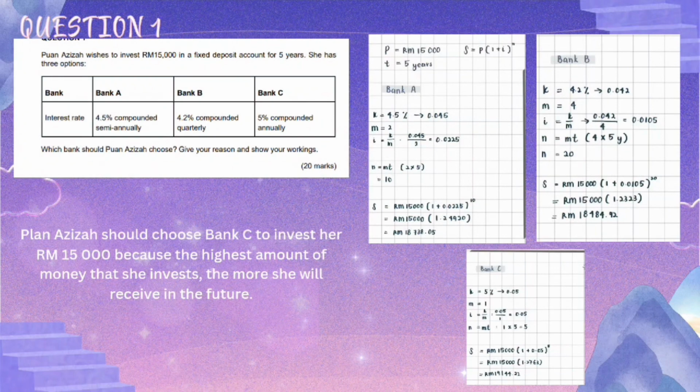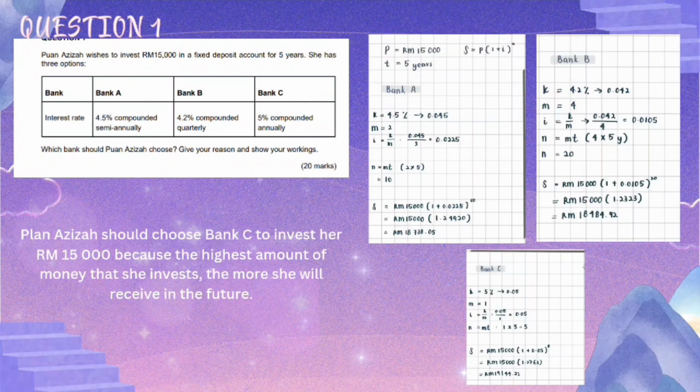We multiply 15,000 by the number in the bracket. We get S equals RM18,738.5.